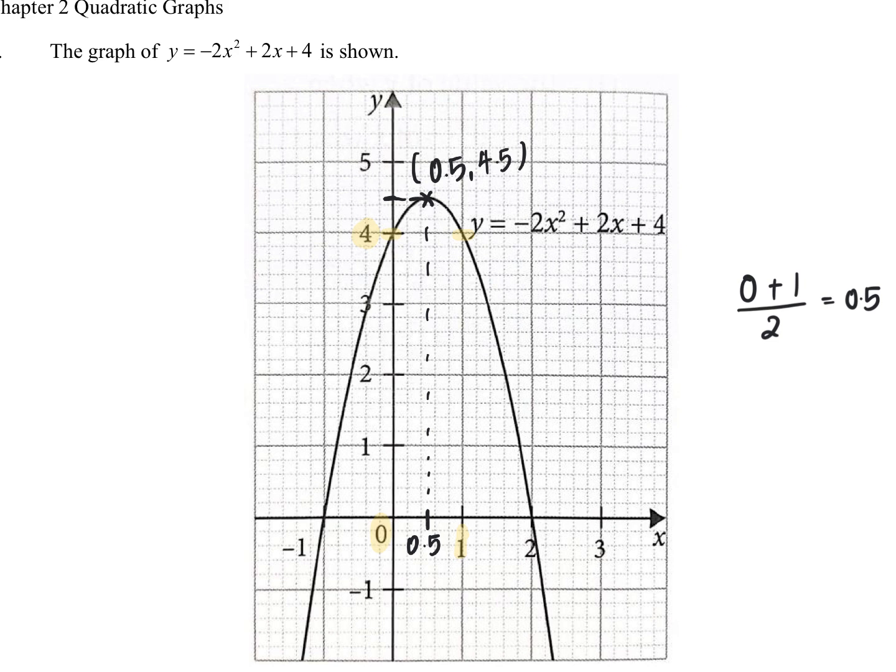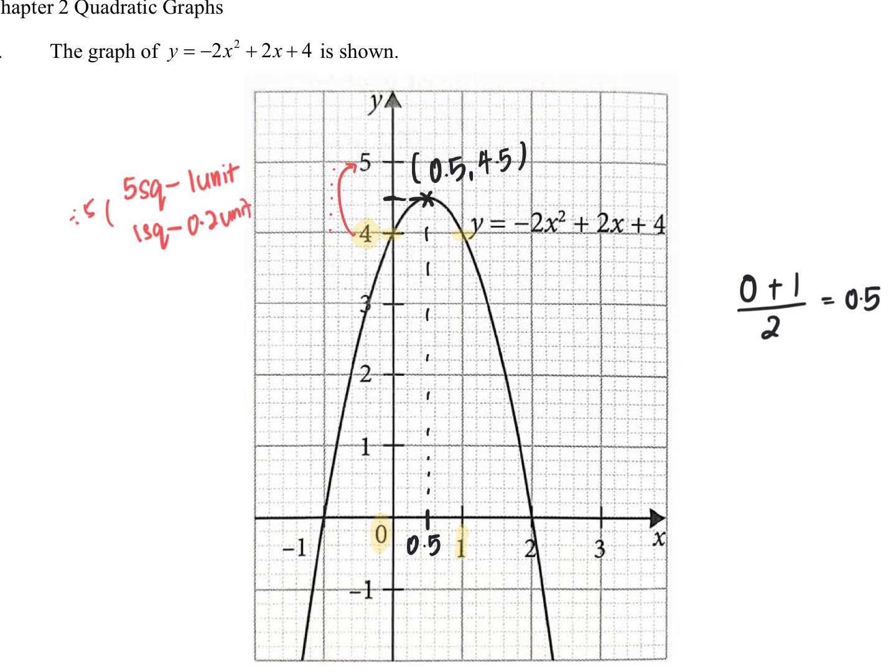Sidetrack a little bit: please do learn how to do your calculations for the scale. I have 1, 2, 3, 4, 5. 5 squares represent, from 4 jump to 5, is 1 unit. So 1 square will represent 1 divided by 5, so I divide by 5, 0.2 of a unit.